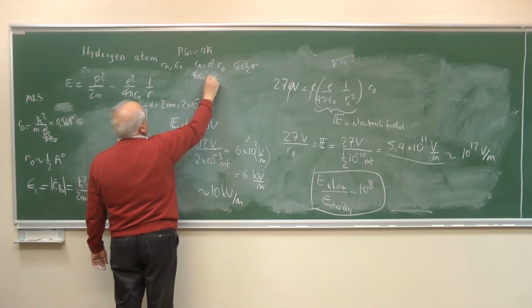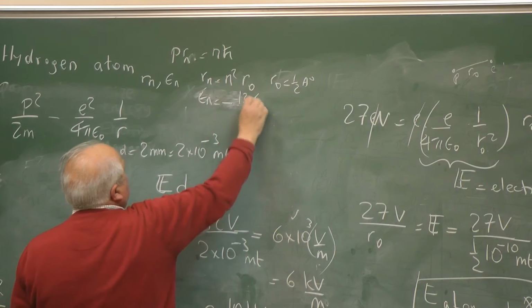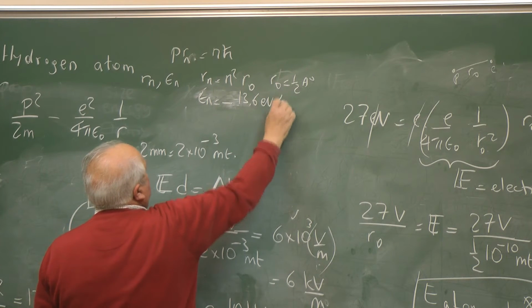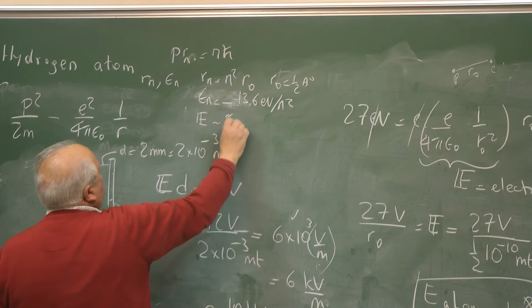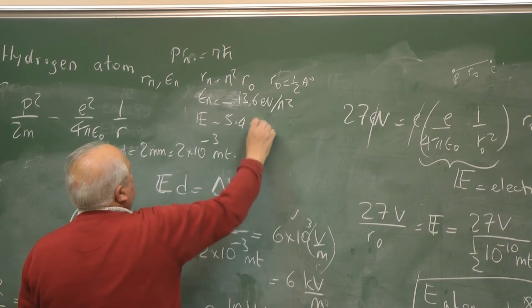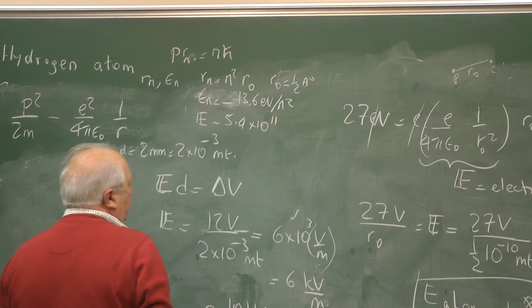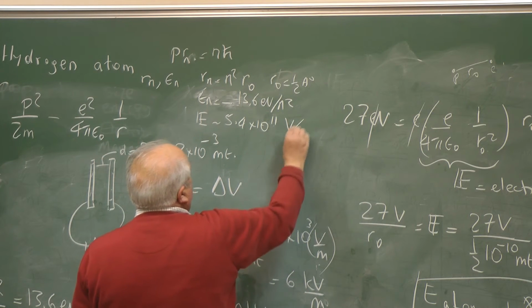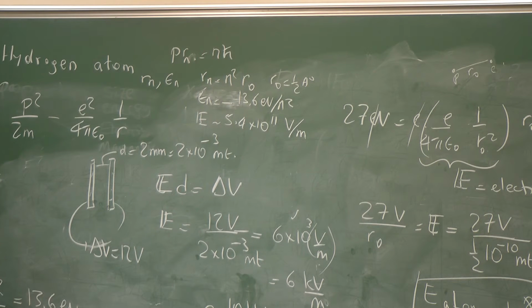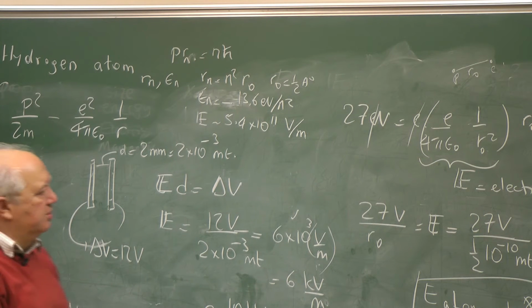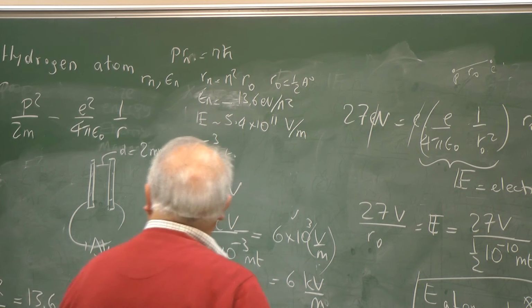En is minus 13.6 electron volts divided by n square, and the atomic field is like 5.4 times 10 to the 11 volts per meter. Tremendous electric field.